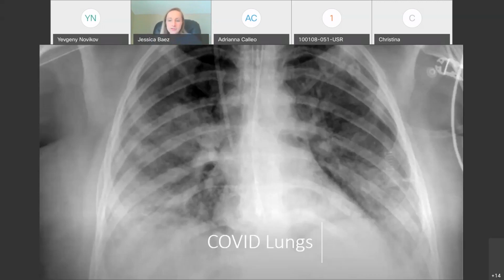The last thing that I just wanted to briefly touch on is what you'll see on ultrasound in COVID. One of the characteristic features of COVID is that you have this diffuse interstitial infiltrate, with terrible chest x-rays that look like ARDS. It's going to be the same thing on ultrasound where you have diffuse evidence of infiltrate.